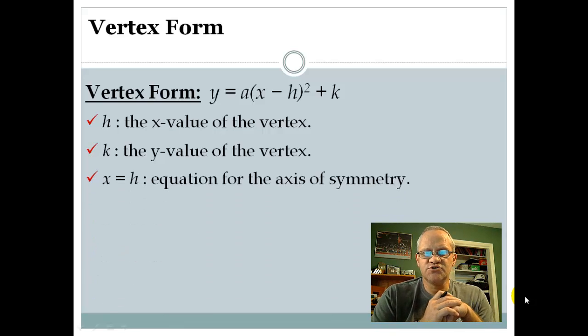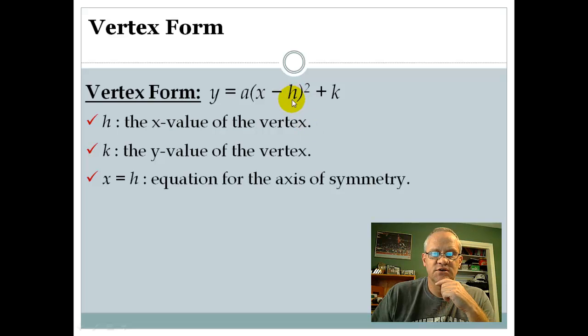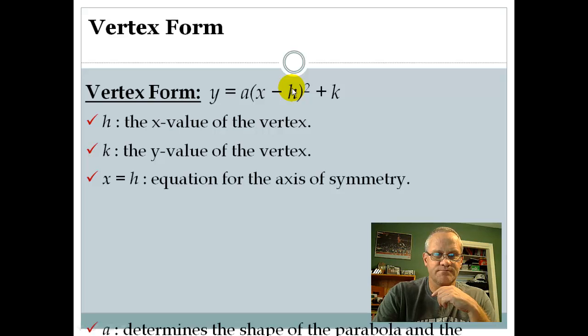And this should look somewhat familiar as well. Remember, we've been talking about the axis of symmetry, where you have x equals a number. That number that x equals is h, whatever is in here. So that's going to be your axis of symmetry, x equals whatever that number is.